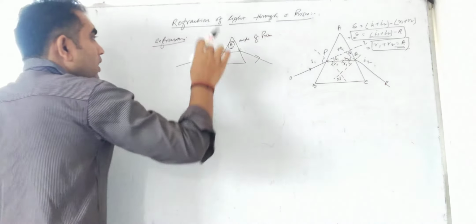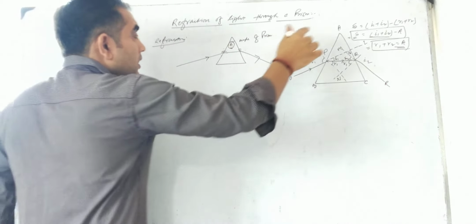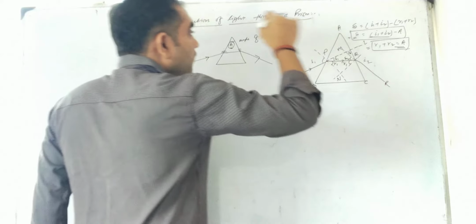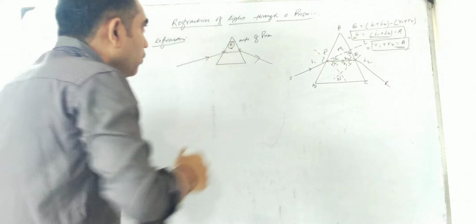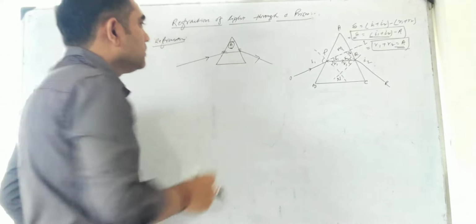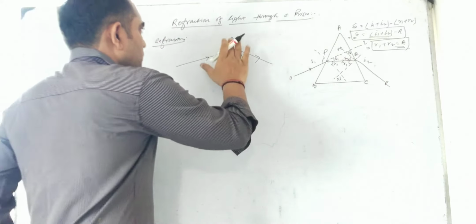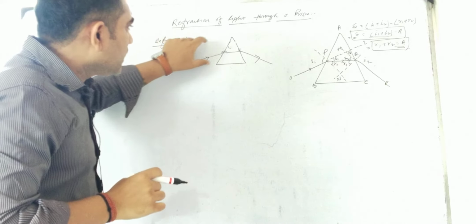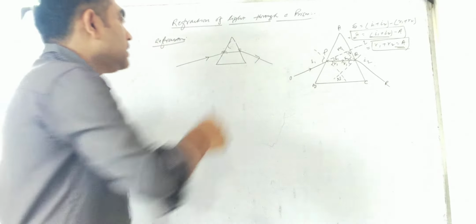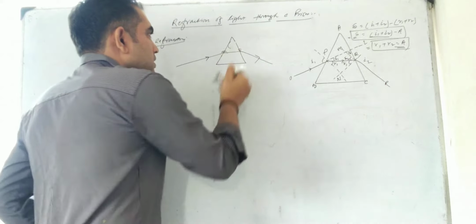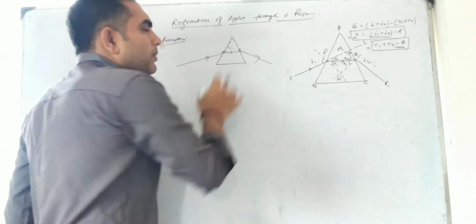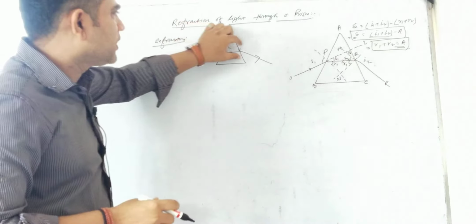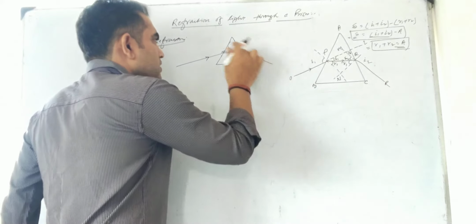Now, what is the angle of deviation? Whenever light passes through the prism, observe carefully. When light strikes the first surface of the prism, it suffers refraction. It travels rectilinearly in the glass medium, and again suffers refraction.